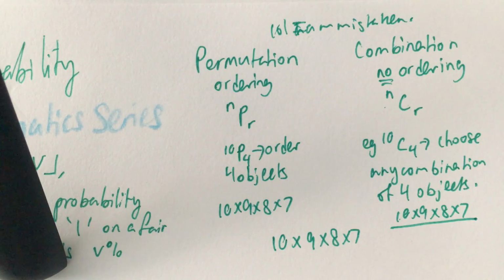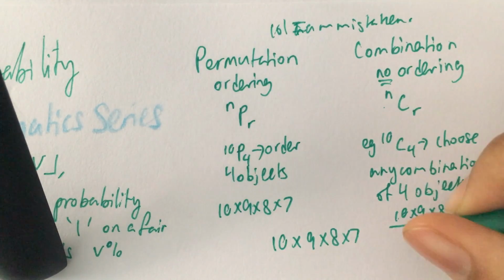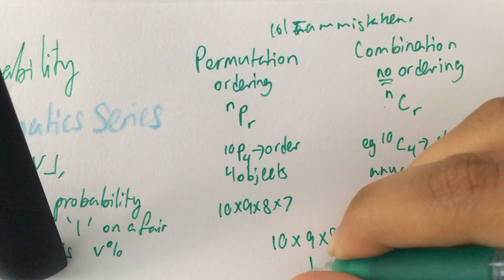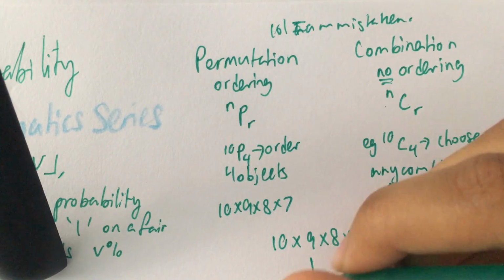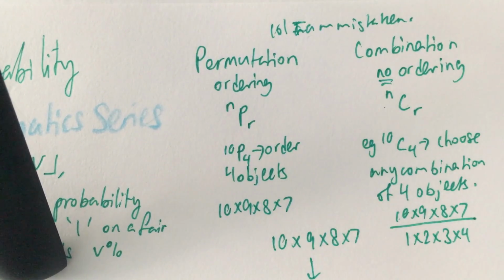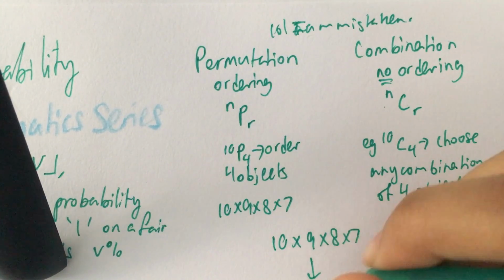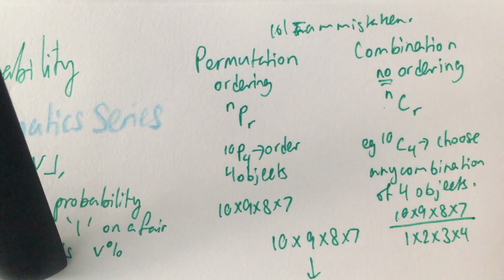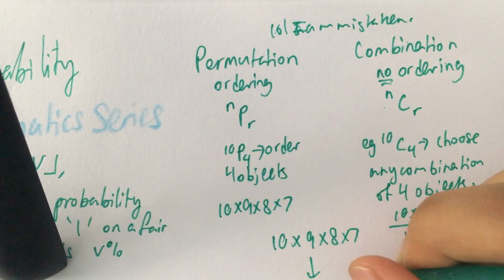So for permutation, if you have your 10, 9, 8, 7, how do you express that in terms of n and r? If you look at the 10, 9, 8, 7, it's actually 10 factorial, which would be 10, 9, 8, 7, 6, 5, 4, 3, 2, 1, all multiplied together, divided by whatever is below 7, the 6 factorial.